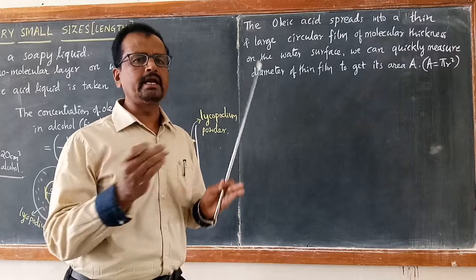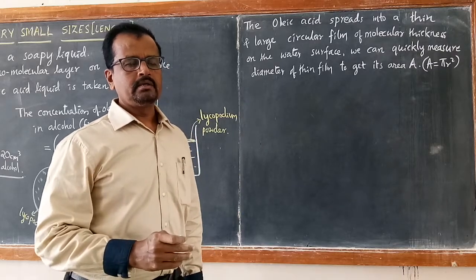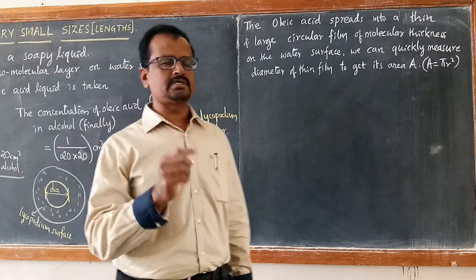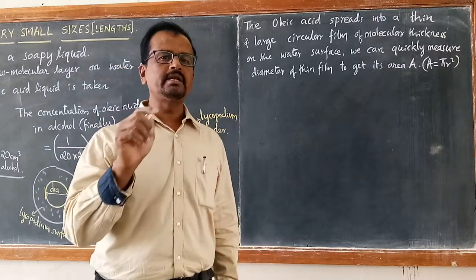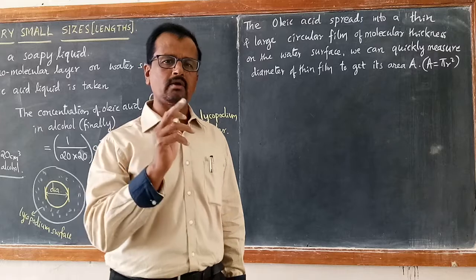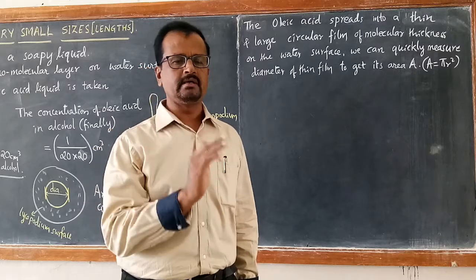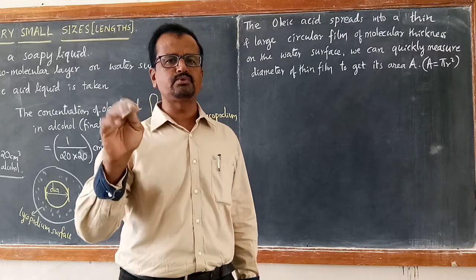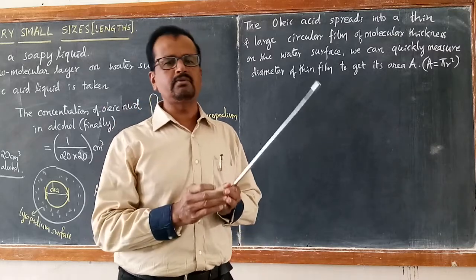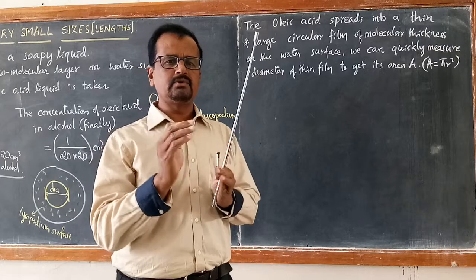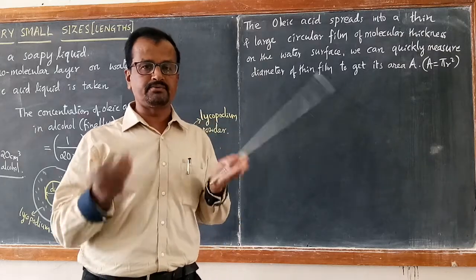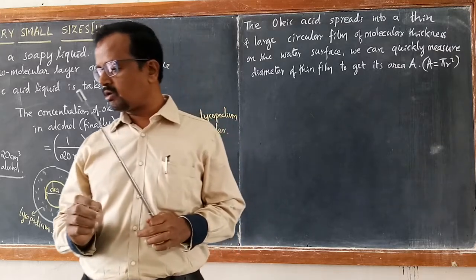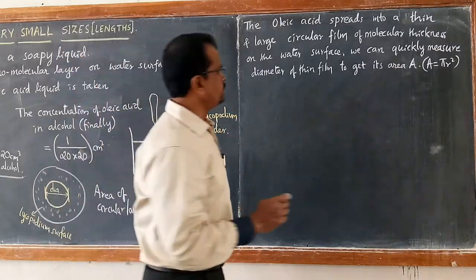Suppose we have taken n drops, each of volume B, then the total volume of such drops is equal to n into B. Suppose we have taken one drop, then the volume of each drop is B. If we have taken 2 drops, then the volume of 2 drops will be 2 times B. If we have taken 5 drops, then the volume of 5 drops is going to be 5B. So in general, if you have taken n drops, then the volume of these drops is equal to nB centimeter cube.